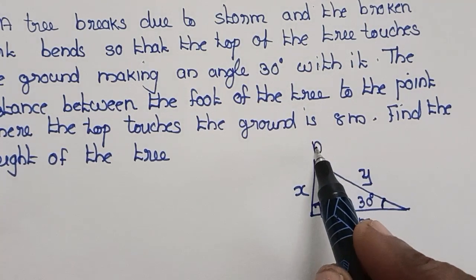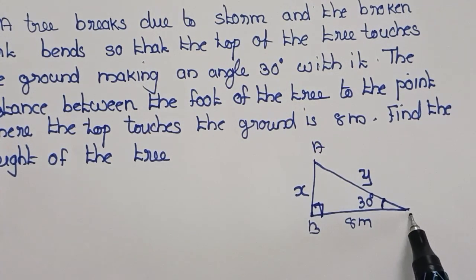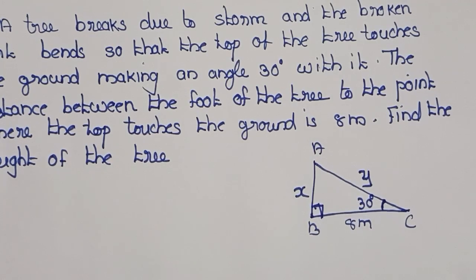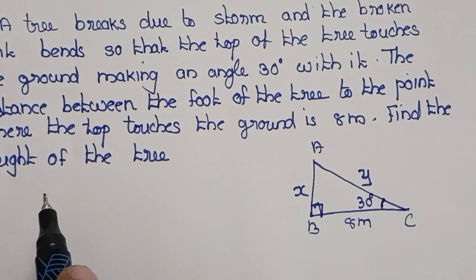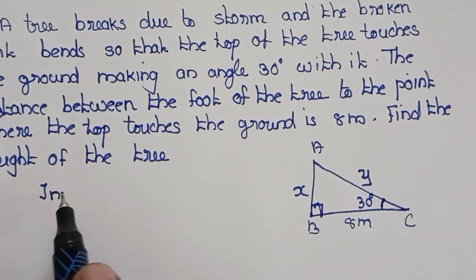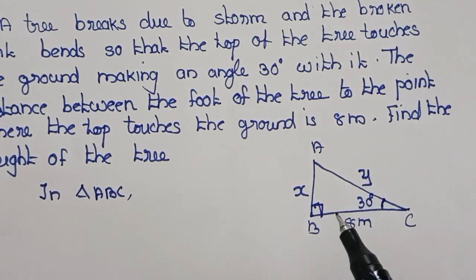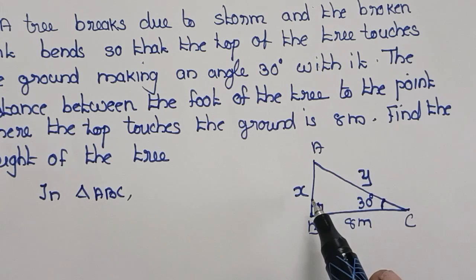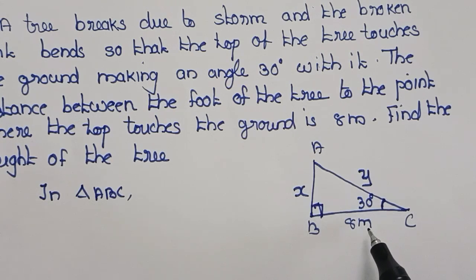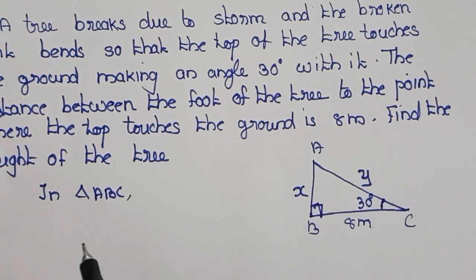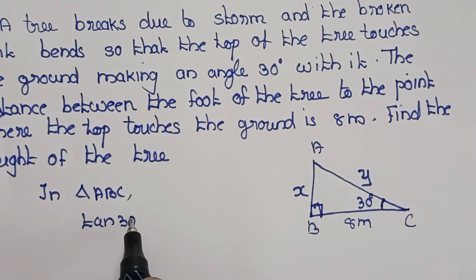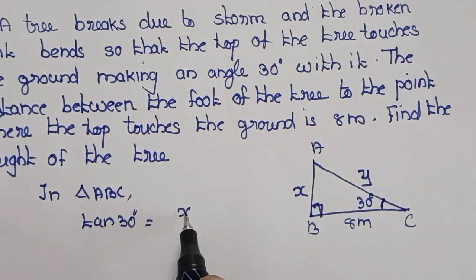Now we can name this triangle as ABC. It's a right triangle. In triangle ABC, first we can take opposite side and the adjacent side. That is, we can take tan. Tan 30 degree equal to opposite side x by adjacent side 8.